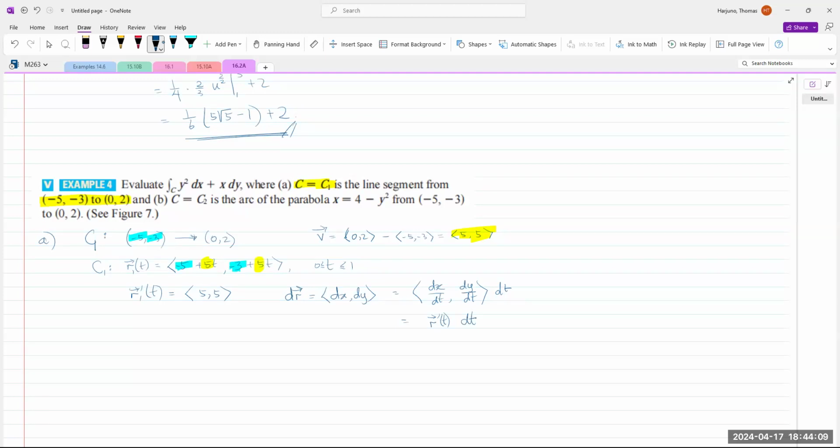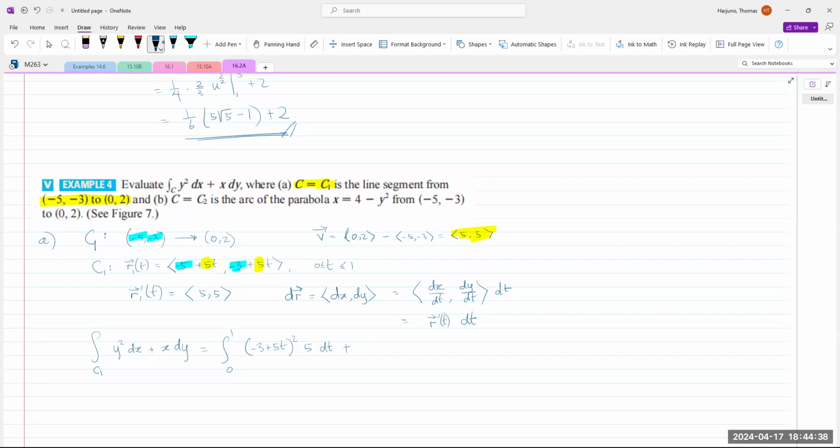So the integral over C1 of y squared dx plus x dy equals the integral from 0 to 1. Now let's take a look. What is the y squared? The y squared will be (-3 plus 5t) squared, dx is 5 dt, plus x dy.